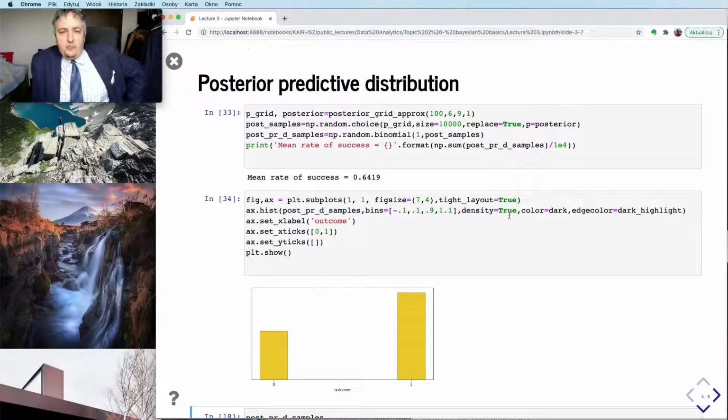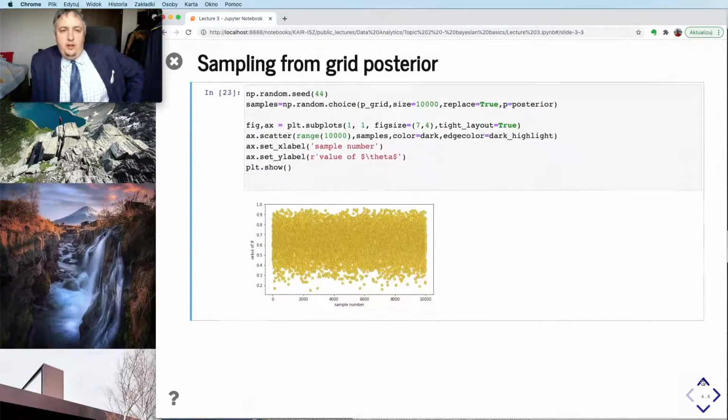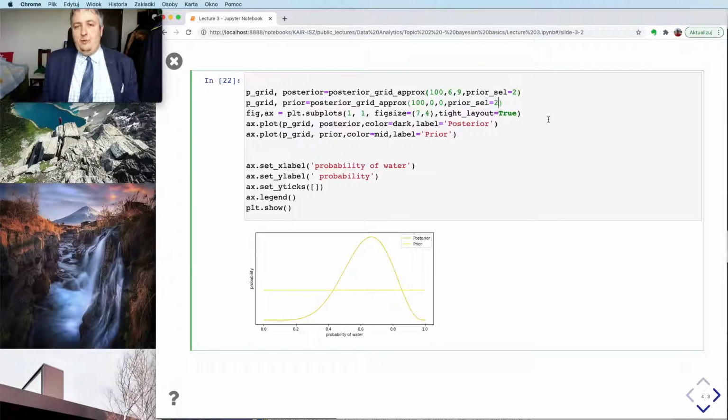This is of course for only one of the priors. If we change the prior to the truncated one, so we assume that there is at least half water on the planet, our posteriors look like this.